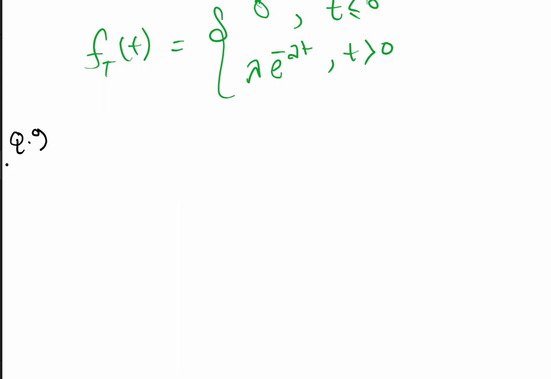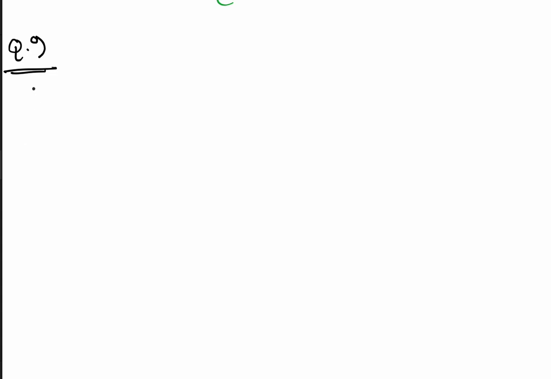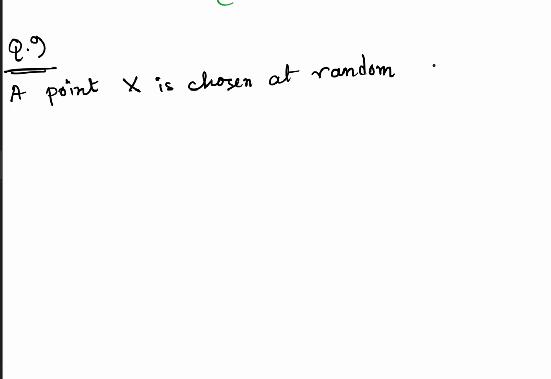Okay, question number 9. A point X is chosen at random from the interval.